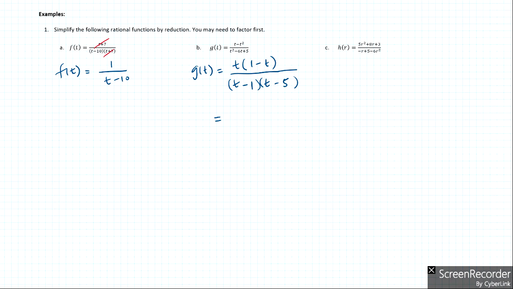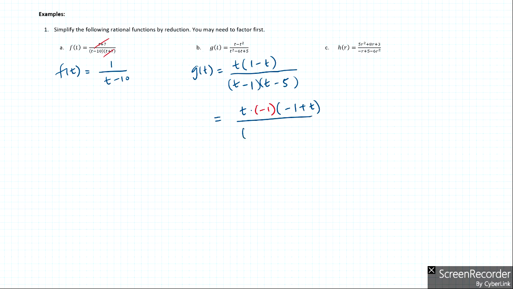On the top we have 1 minus t, which is not in decreasing order as we normally would write it, so we can factor out a negative sign from the leading term, which is negative t. We would have t times, and from 1 minus t, if I factor out a negative 1, then positive 1 becomes negative 1, and negative t becomes plus t.